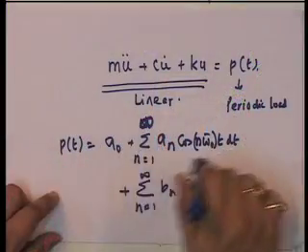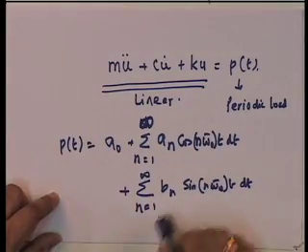If the principle of superposition is valid, then I can say that the load is made up of various terms. What I need to do is look at the response to a particular load, then find the response to each load, and if I add up the responses to each load, I get the response to P of t. P of t consists of many loads.